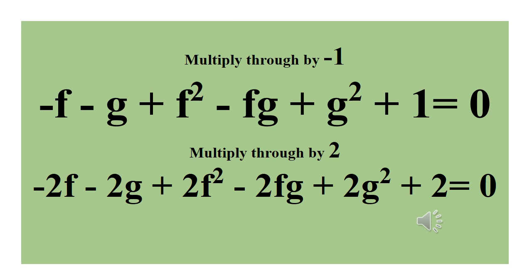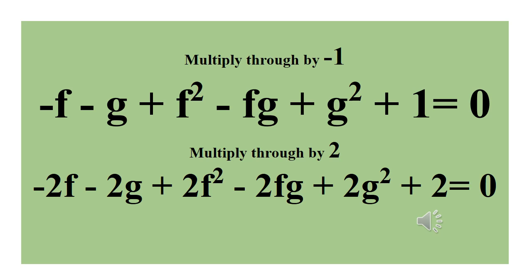So the next step is we multiply through by minus 1. So if we multiply through by minus 1, we have minus 1 times plus f will give us minus f, minus 1 times plus g will give us minus g, minus 1 times minus f squared will give us plus f squared, minus 1 times plus fg will give us minus fg, minus 1 times minus g squared will give us plus g squared.